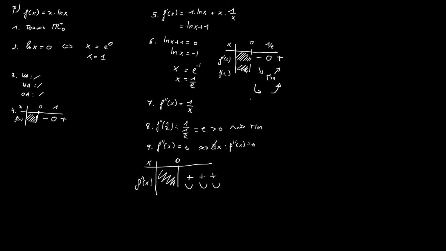Okay, all that's left to do now is to draw this once. So first and foremost, we know that we start over here. Let me take a different color. Careful, because 0 doesn't exist, so I'm going to really exaggeratedly draw an open dot here. Of course, it's just to tell that 0 is not part of our solution. Then at 1 over e, we reach a minimum, and then here at 1, we have to cross the x-axis again.